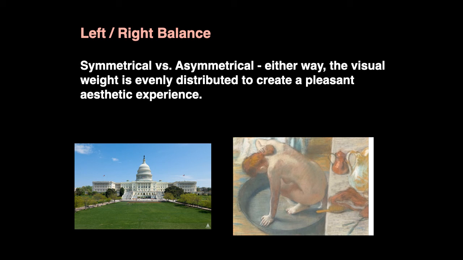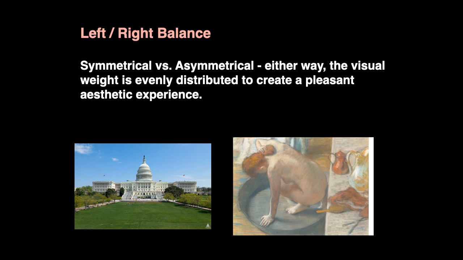And so this photograph, taken at the angle it's taken from, is a symmetrical composition as well. That's a pretty easy way of creating balance because you've got a mirror image basically on one side compared to the other. But it could also be kind of boring. Usually symmetry is used to establish an authoritative kind of presence. So you see it in a lot of government buildings, you see it in a lot of churches.